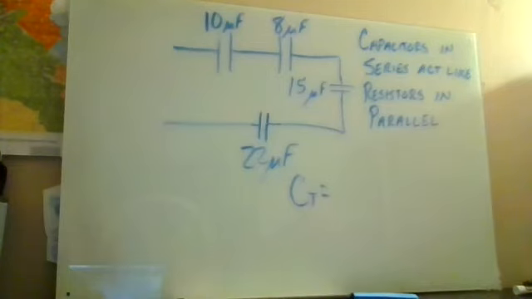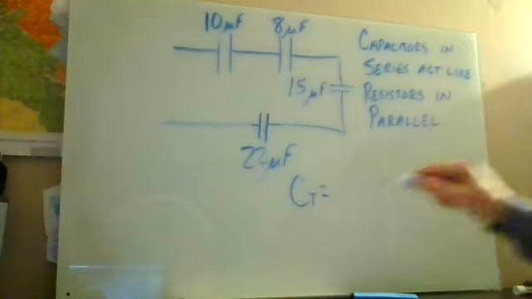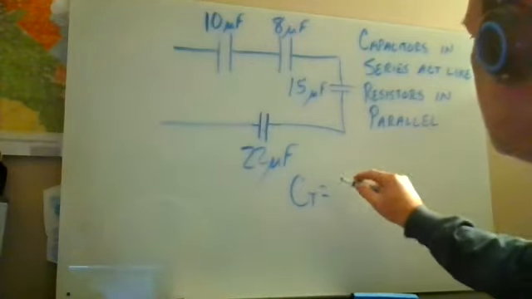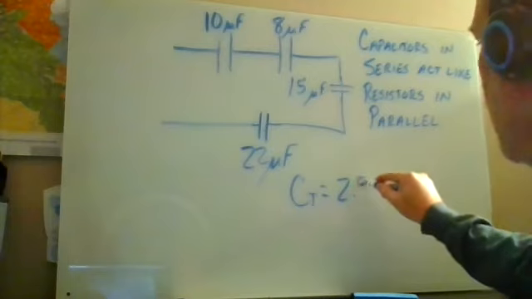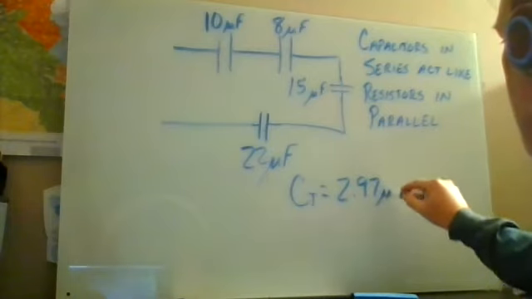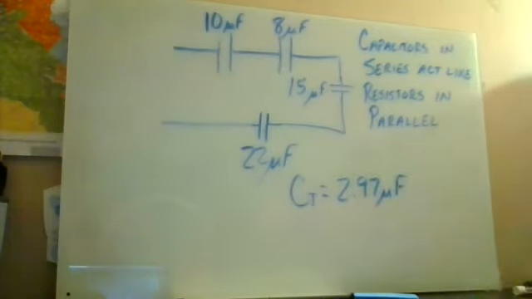I get 2.97 microfarads. 2.97 microfarads. Outstanding. That's all there is to finding C total if they're in series.